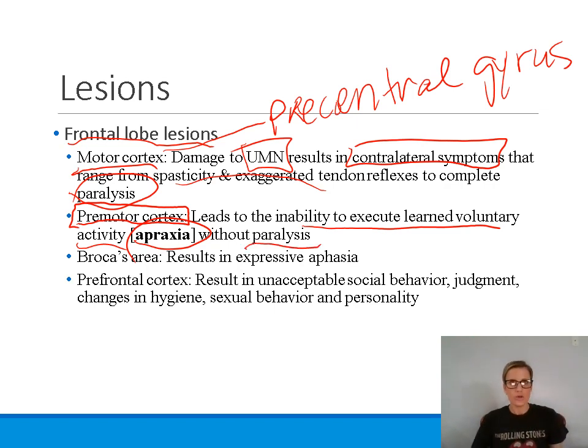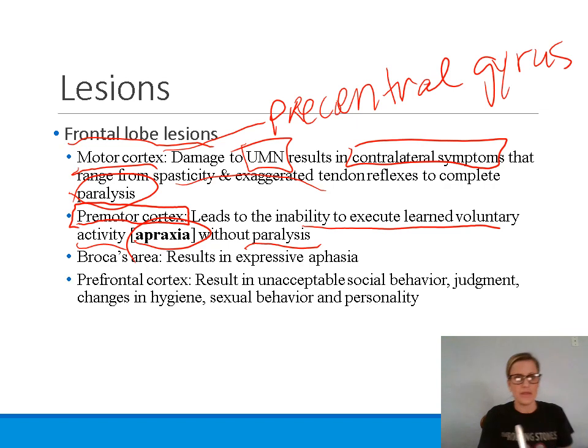So the person knows what they want to do. They consciously are aware of what they're trying to do. It's just that they can't quite make their body behave the right way. And the reason for that is, remember, the premotor cortex is the area that stores the plan, right? That's the area that says, this is the blueprint for how we're supposed to contract, or what signals we're supposed to send out every time we want to do, whatever, a cartwheel.